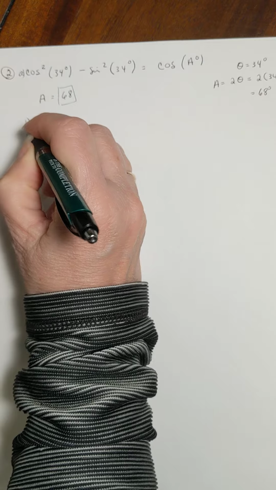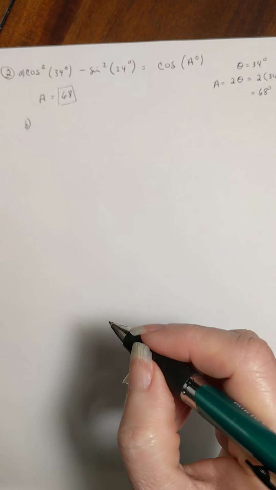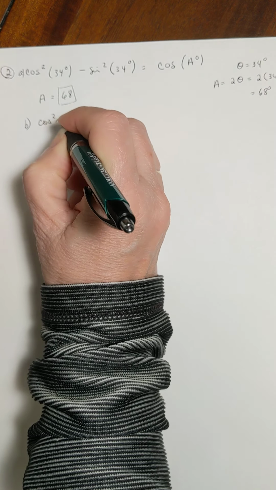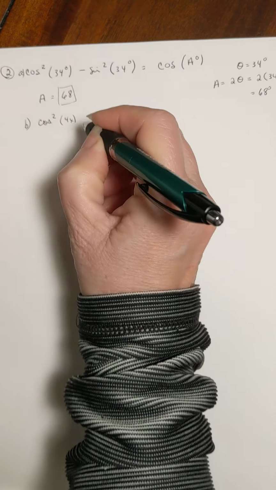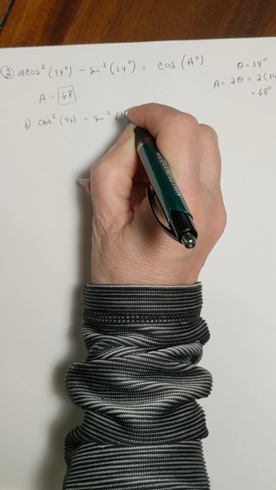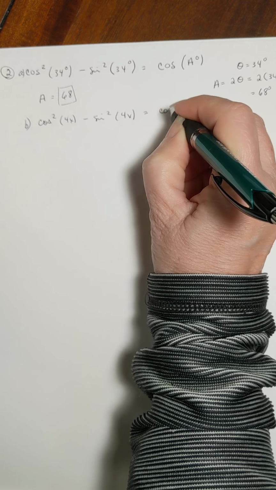And then part B says cosine squared of 4x minus sine squared of 4x is equal to the cosine of b.